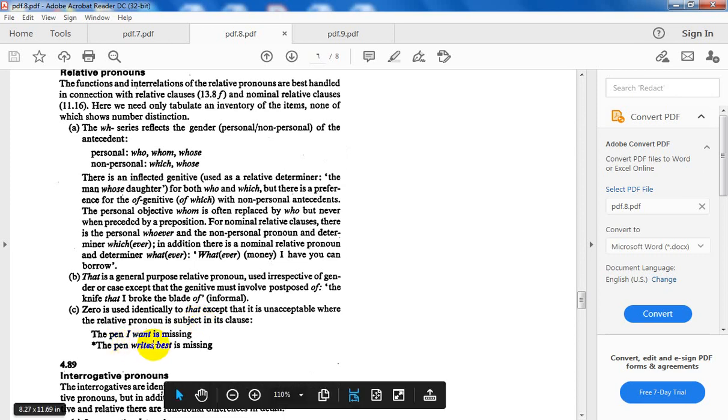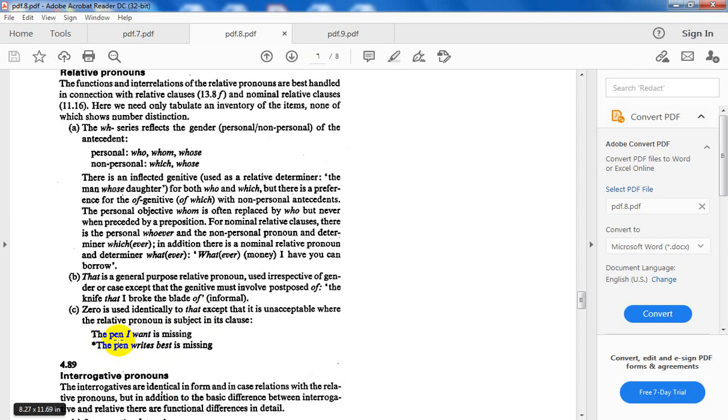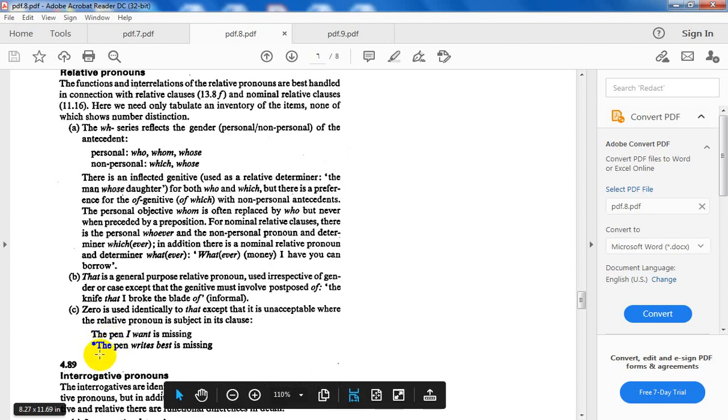The pen I want is missing. The pen I want, it is what? The pen that I want is missing. يعني it is not the subject. But it is ungrammatical: the pen writes. هذا ungrammatical.